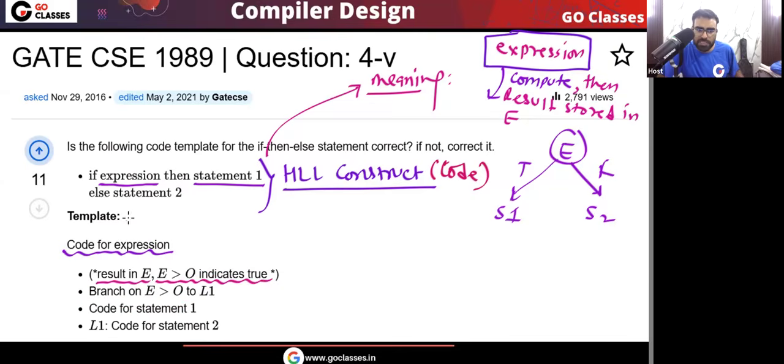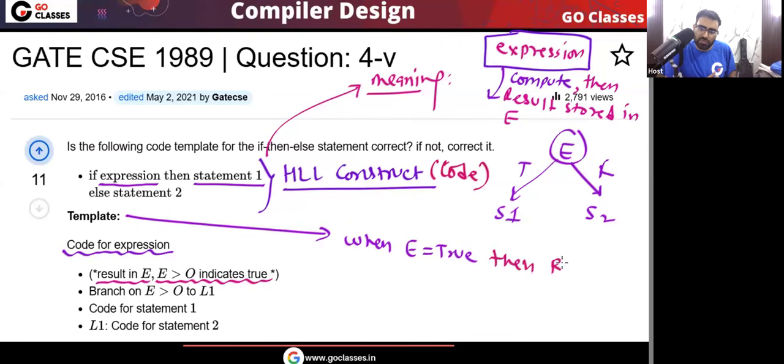So this template is saying that when E is true, then branch to L1.